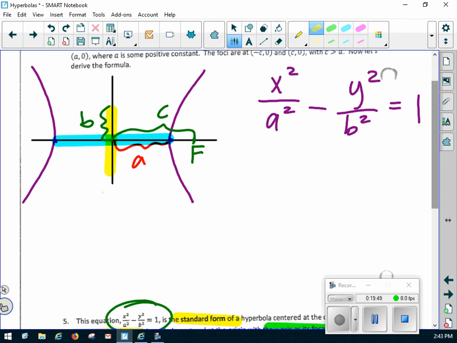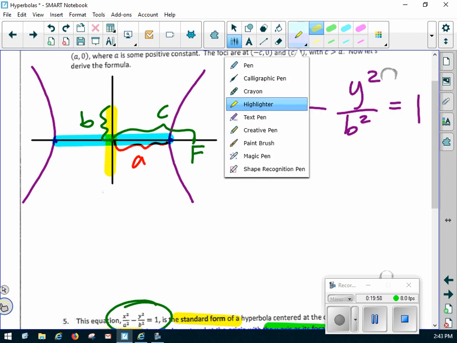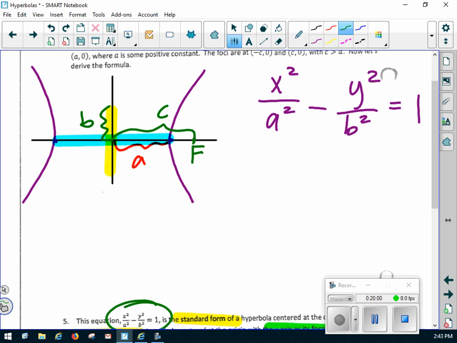What is the length of that conjugate axis? 2b. Now, as useless as this sounds, this length right here is called the semi-conjugate axis. That's in your notes there. And this is called the semi-transverse axis.